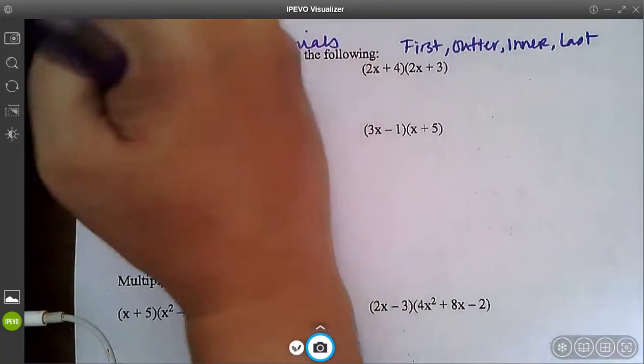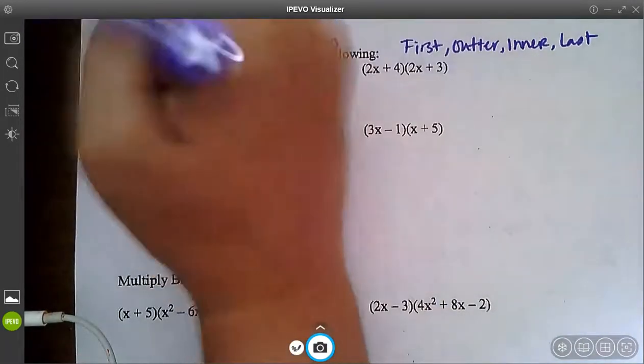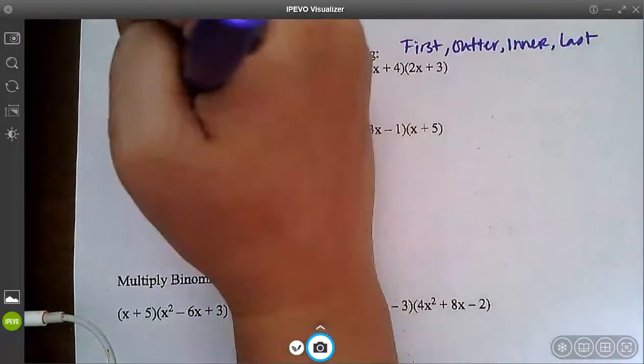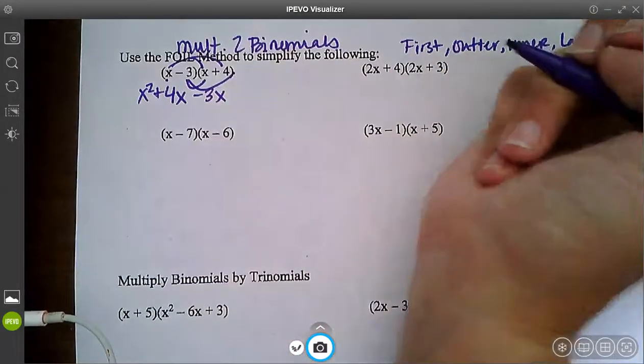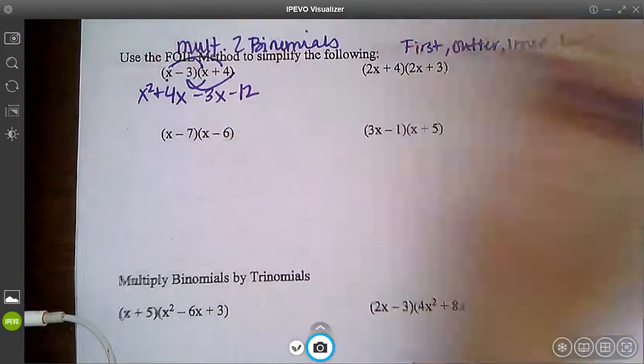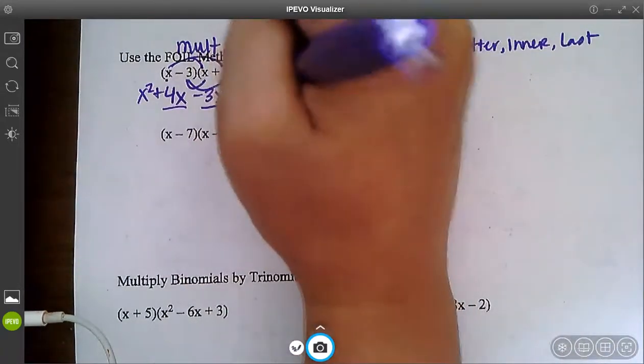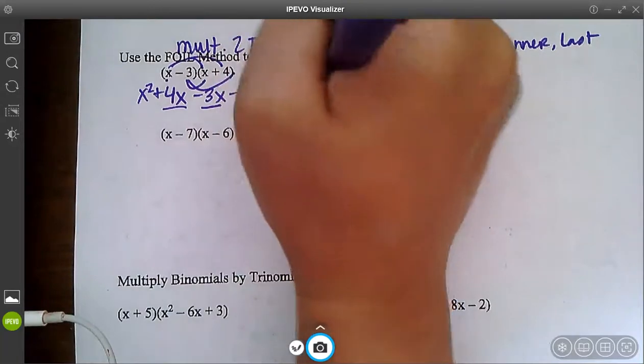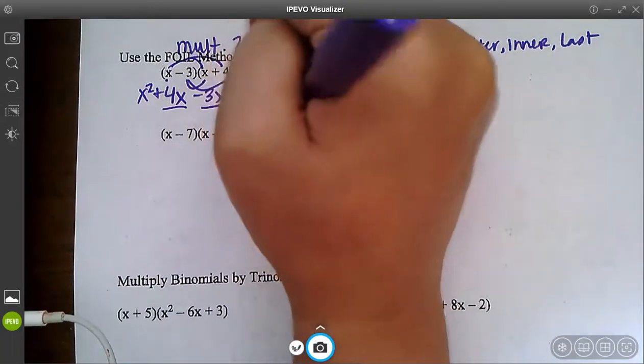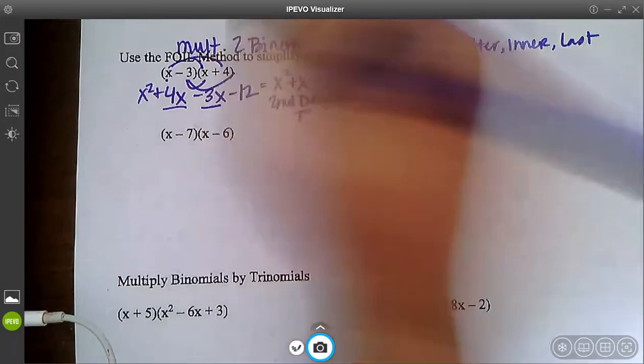So x times x is x squared. X times 4 is 4x. Negative 3 times x is negative 3x. And negative 3 times 4 is negative 12. Then combine your like terms, and you have x squared plus x minus 12, which is a second degree trinomial.